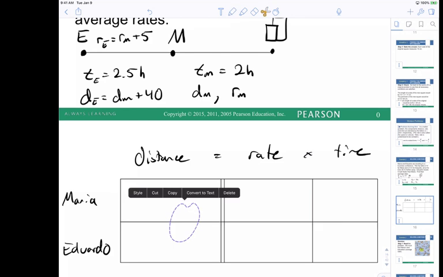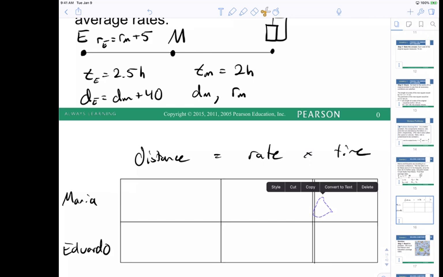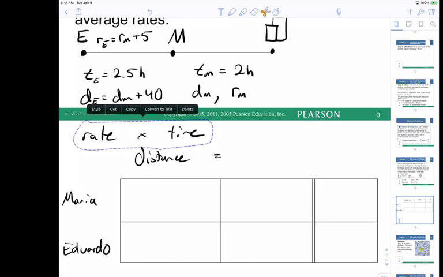Okay. So now let's see if we can organize this data. Let me do one other thing. I'm going to move this guy over here. And I'm going to move these this way. I'm going to move this here, and this here.